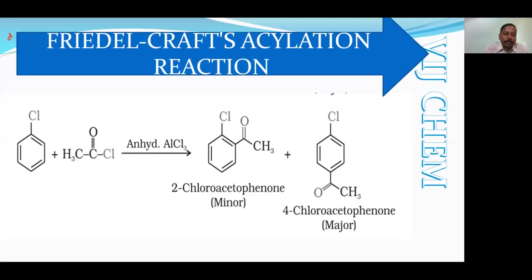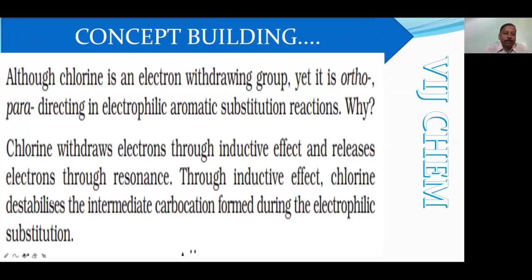Next topic is concept building. As I promised you, mostly I keep my promises. So the concept building question, CBQ. What does it say? Although chlorine is an electron withdrawing group, yet it is ortho-para directing in an electrophilic aromatic substitution.